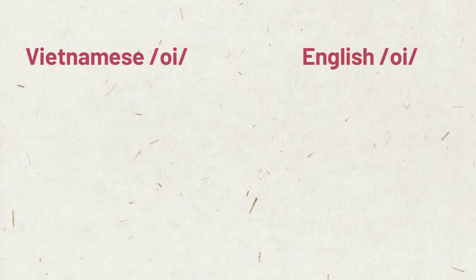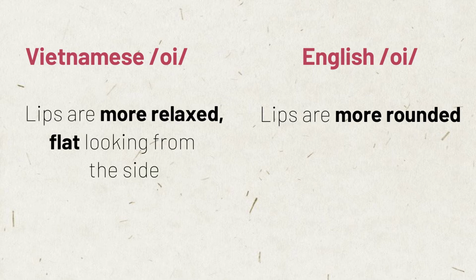When making the English oi, the lips are more rounded, while when making the Vietnamese sound, your lips are more relaxed and more flat looking from the side. Let's compare. Oi, oi.